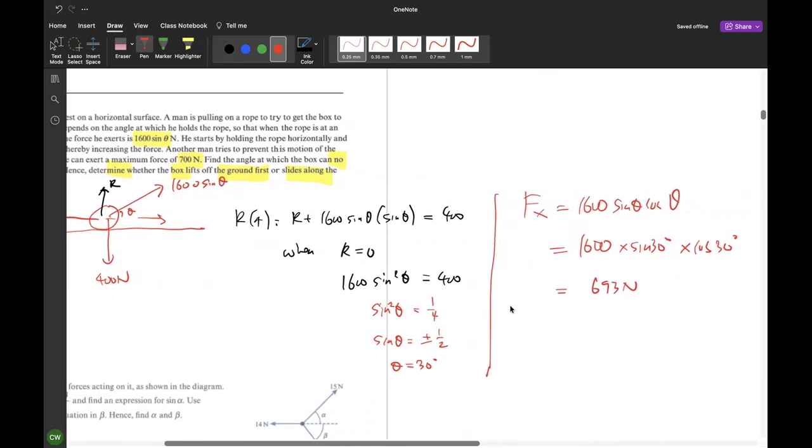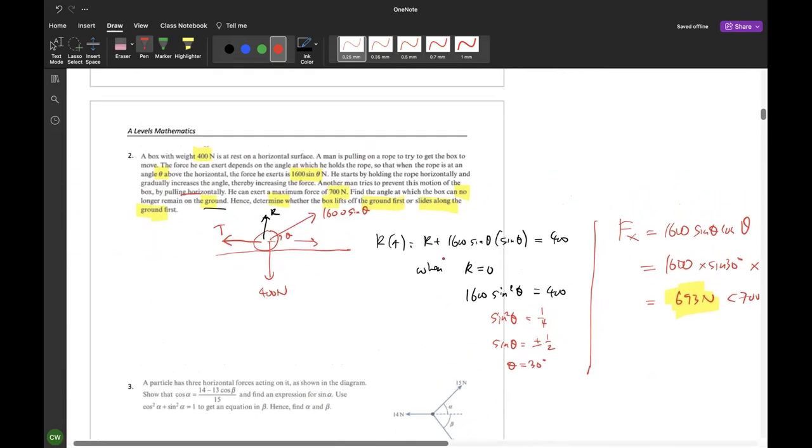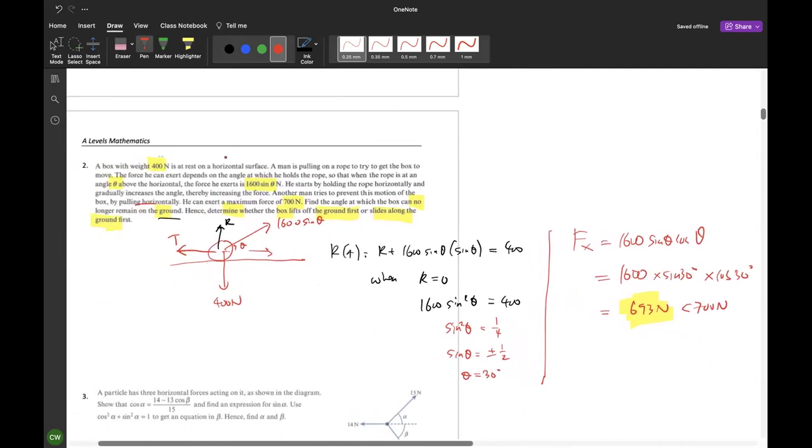That means the moment when the thing is lifted up, it has the force of this, and this force is less than 700. So what does it mean? That means you're trying to pull the thing up. When you pull, you move the thing.